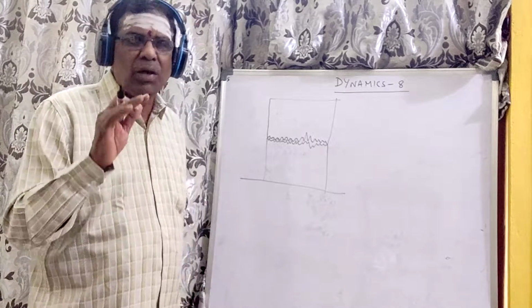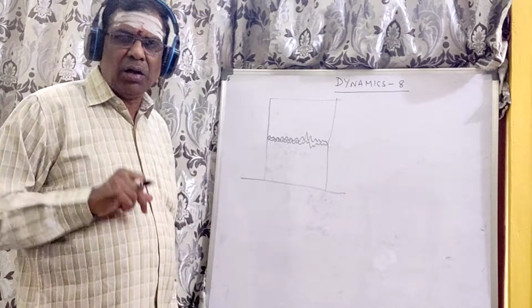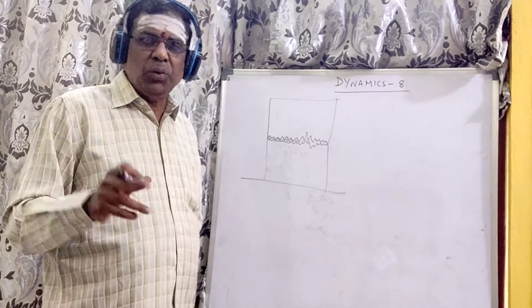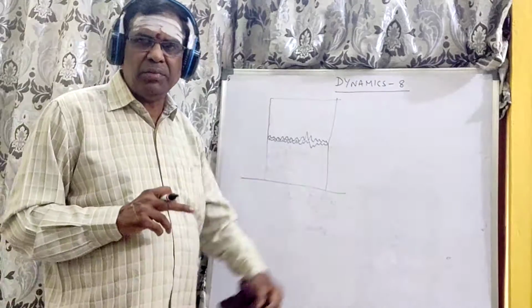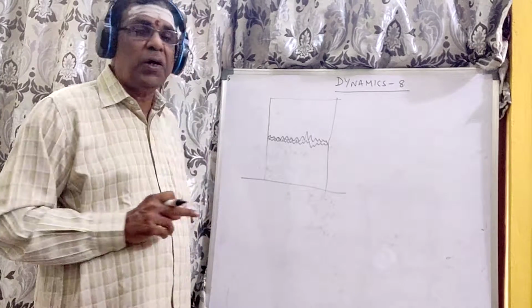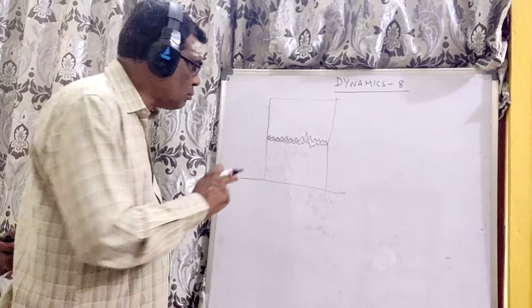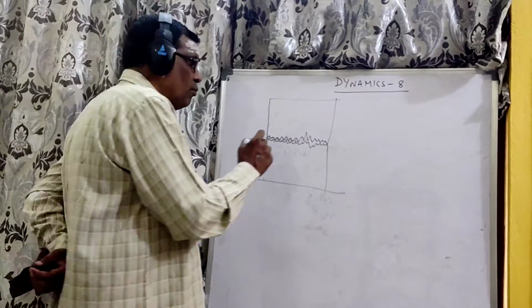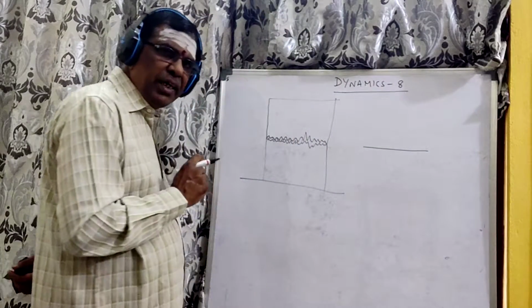Normal force is so called because, number one, it essentially arises due to the contact. Two, the component of that force is perpendicular to the common surface. That perpendicular or normal, that is why this is called normal. Number two, what have you understood from here?